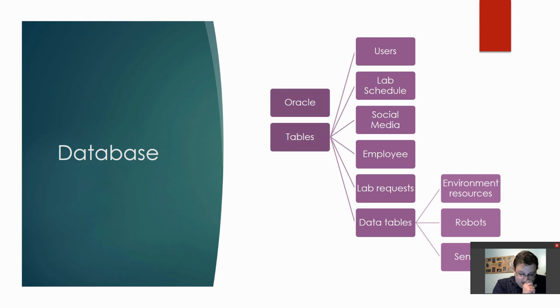The lab request is connected with the user ID, lab request, environmental ID, so it's connected to another table, and then it has the water tank that you chose if you chose one, and all the specifications for the water tank, like pH level and stuff. The sensors that you chose, the robot ID, the employee ID, the resource ID, those are all connected to other tables.